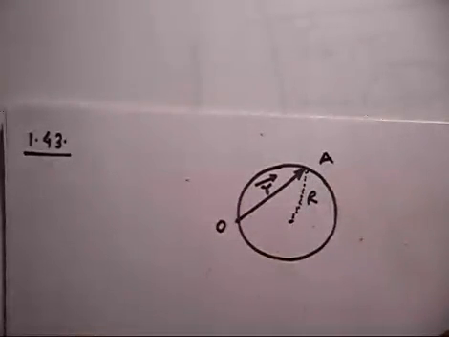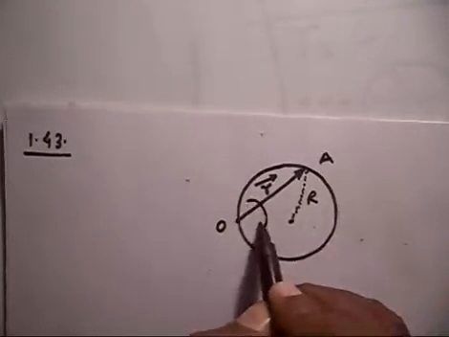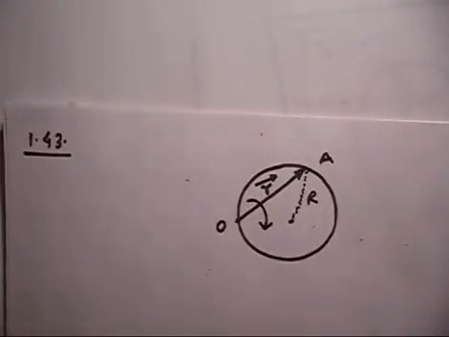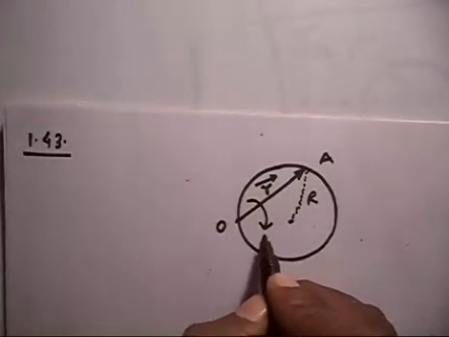Now the problem says, 1.43: a particle A moves along a circle of radius R so that its radius vector R relative to point O rotates with constant angular velocity omega.